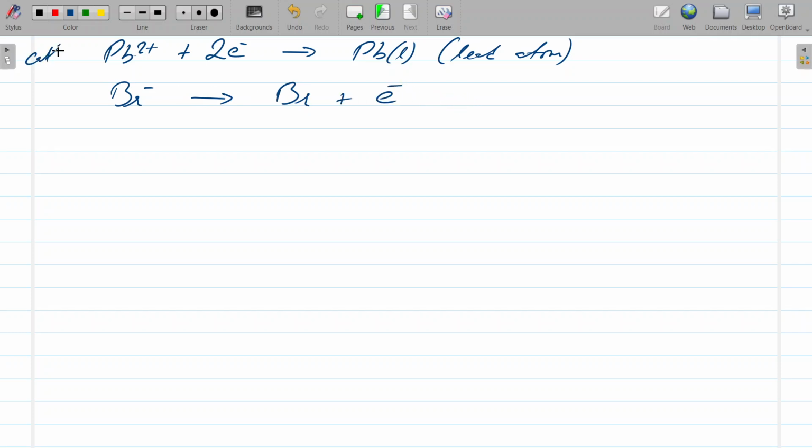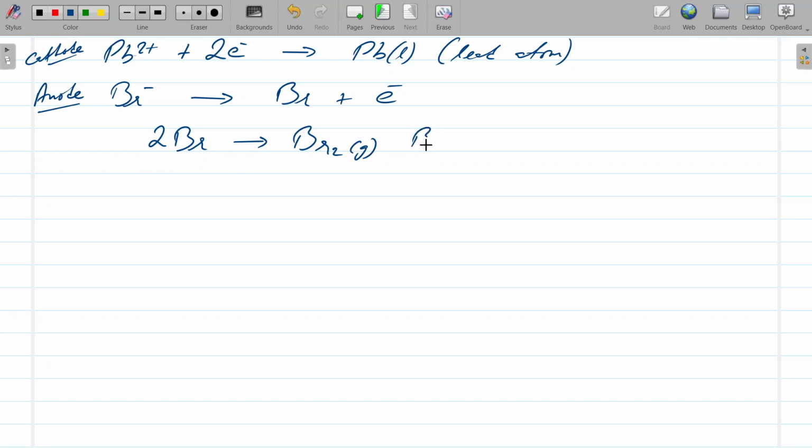So this is the cathode, this is the anode. And from there, two of the bromine atoms are going to combine. So you're going to have two individual bromine atoms forming the diatomic bromine molecule. And that is going to show up as vapor, bromine gas, bromine vapor.